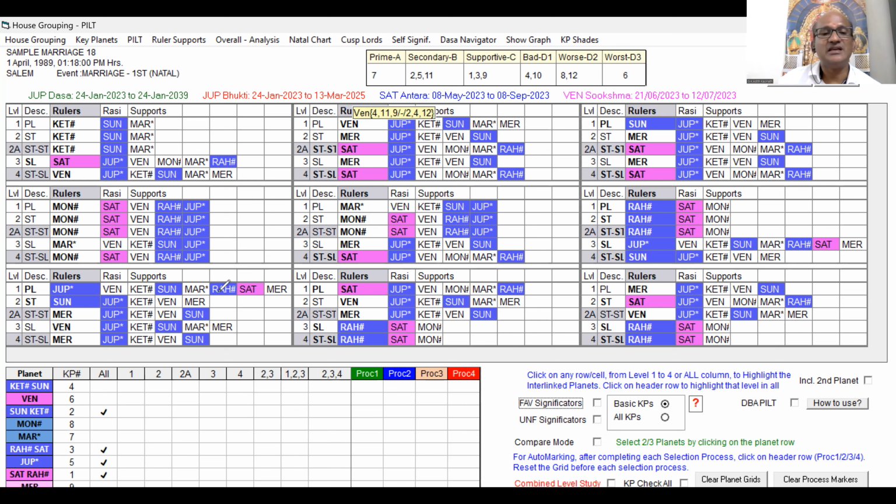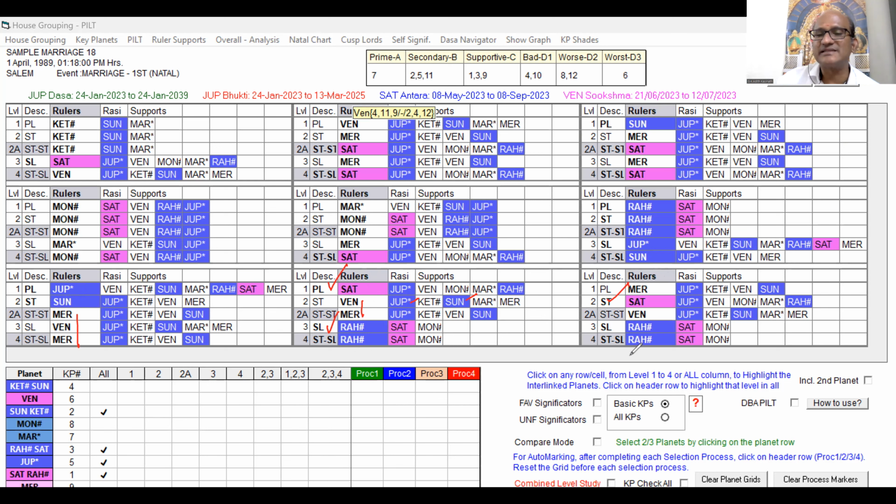You can see Saturn: the first level planet is Star Lord, and the Sublord is Rahu, which is good. Star Lord and the second level do not have these planets, but they are in the supports. But look at Mercury.